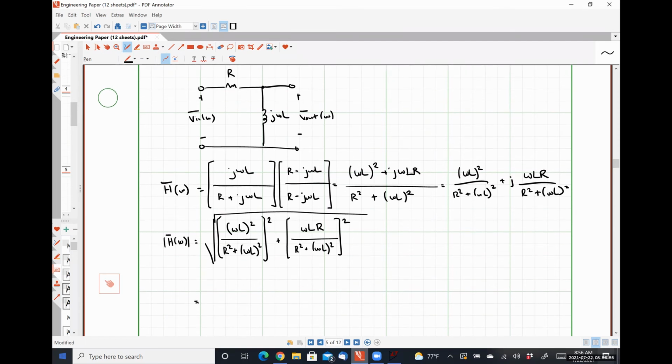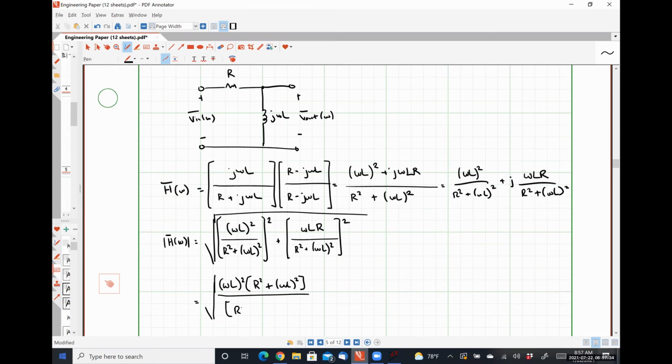And when I square the imaginary part there, I'm going to have an R squared times (omega L) squared. And then I have an (omega L) squared squared. So if I factor out that common factor of (omega L) squared, I get this in my numerator.